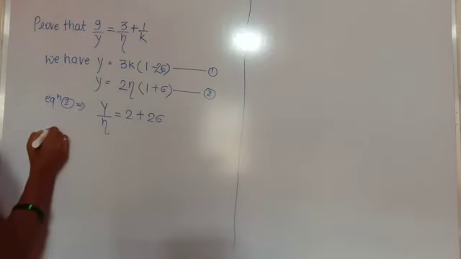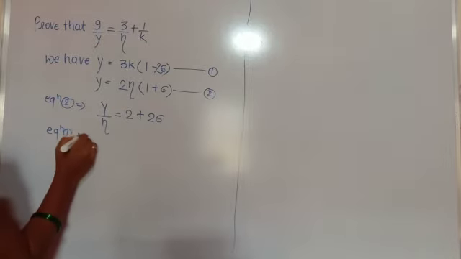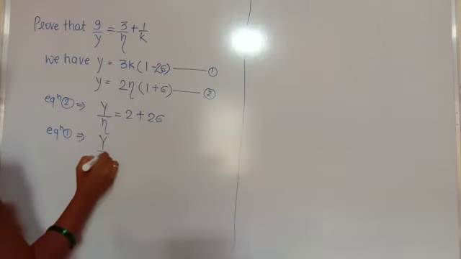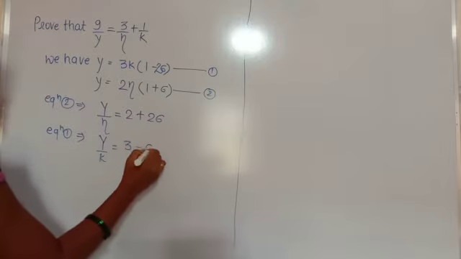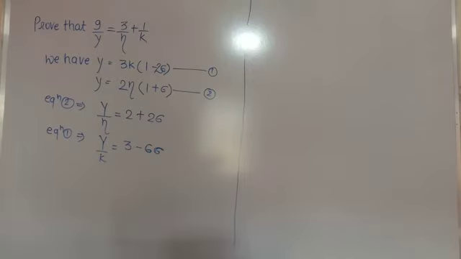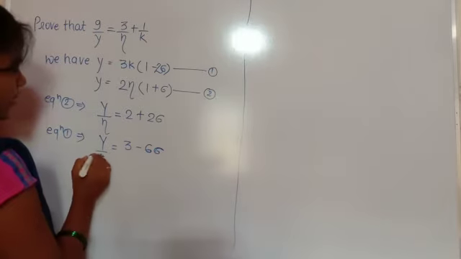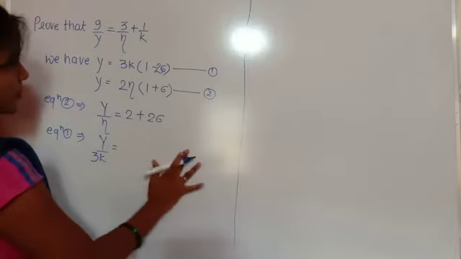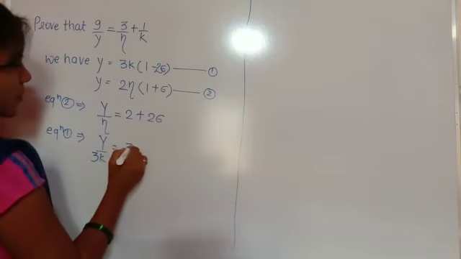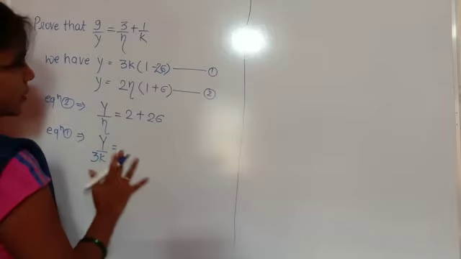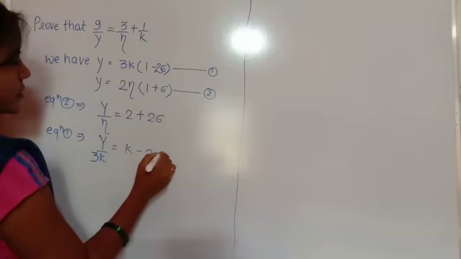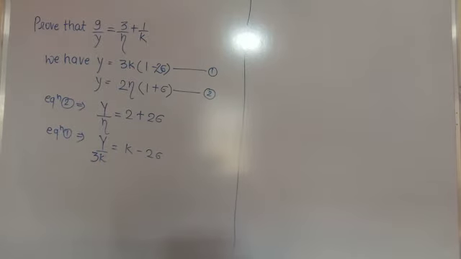Then equation first implies Y by K equals 3 minus 6 sigma, so Y by 3K equals 1 minus 2 sigma.